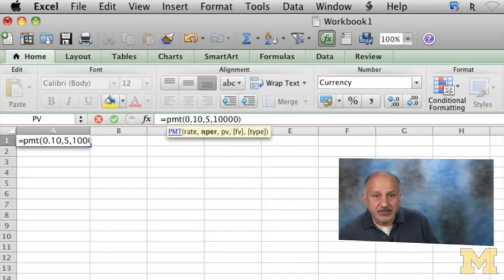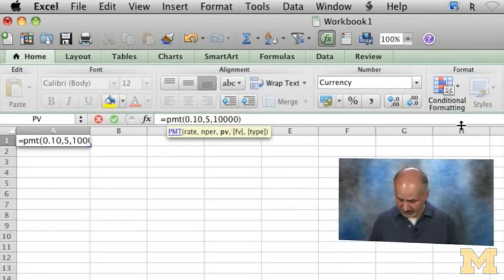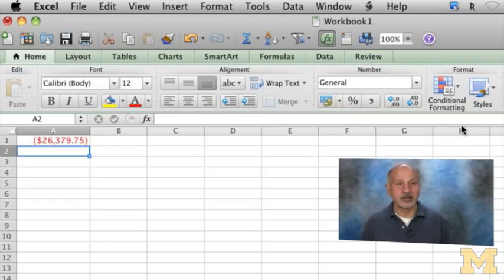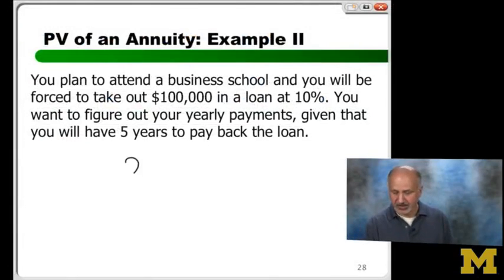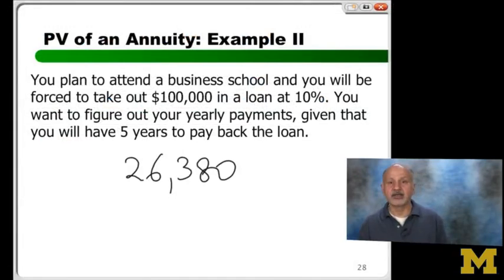And the next number is PV, fortunately, if I see it right. Yep. And you've got to keep your eye on the ball. And how much did I borrow? 100,000. Right? So, huge number. So the answer to this question is 26,380.